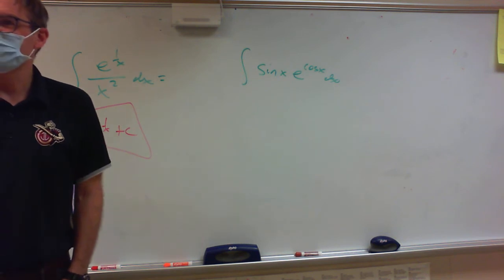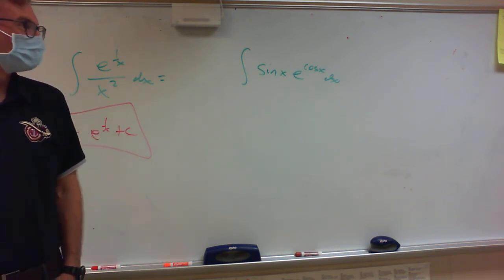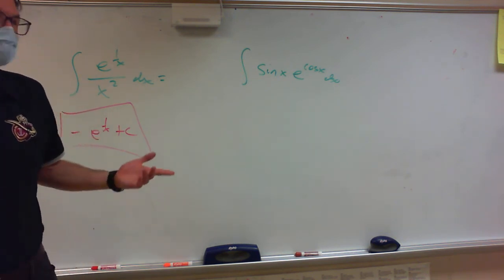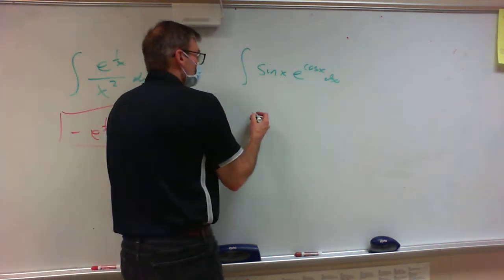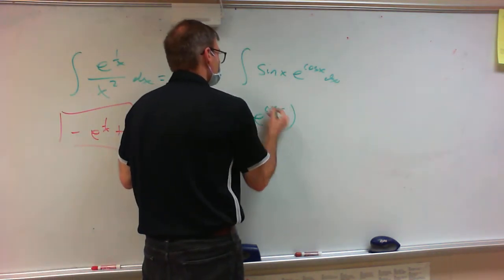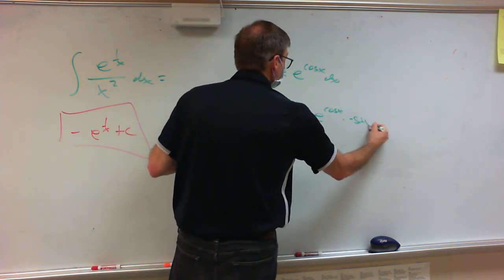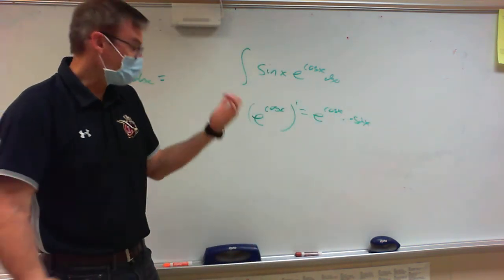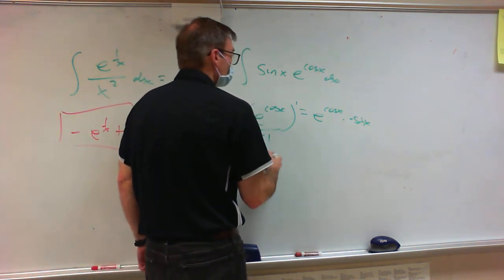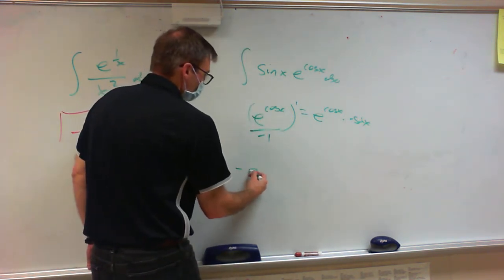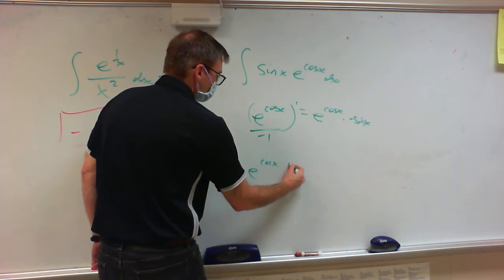What's your guess? E to the cosine x, e to stuff, right? So I get e to the cosine x, and when I take the derivative, I get e to the cosine x times a negative sine x. What are we off by? A negative. So I need to divide by negative 1. So my answer is negative e to the cosine x plus some constant.